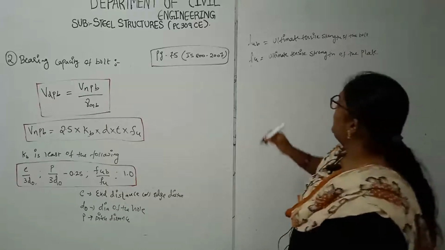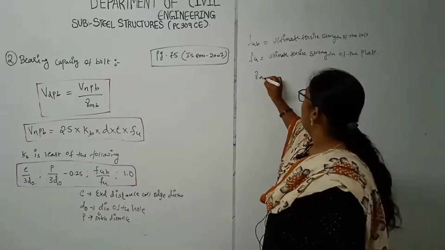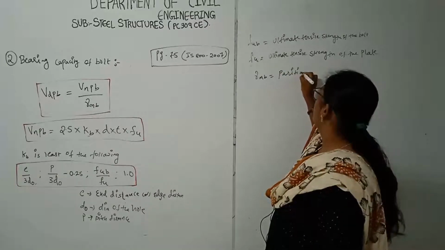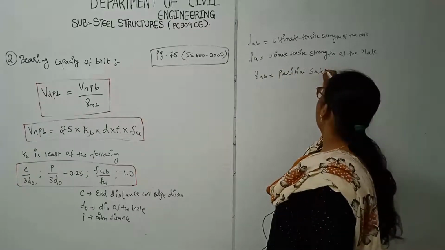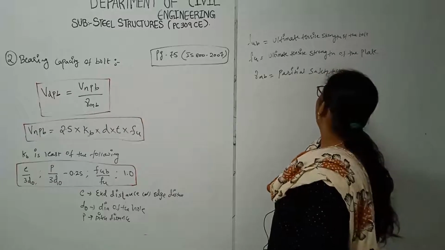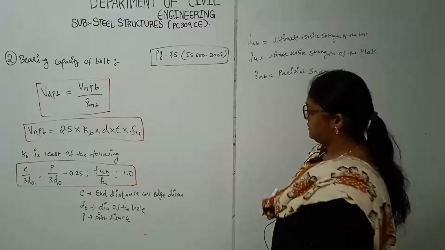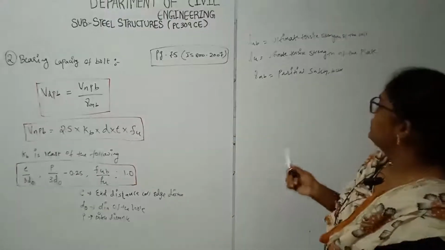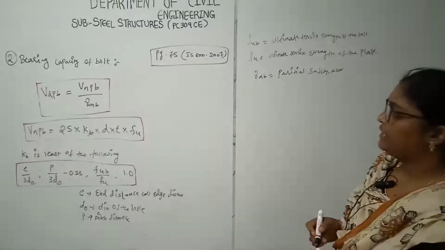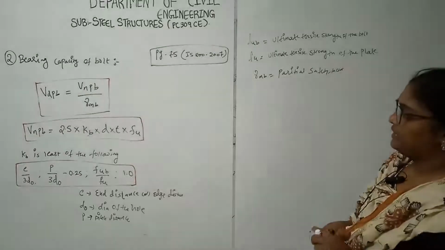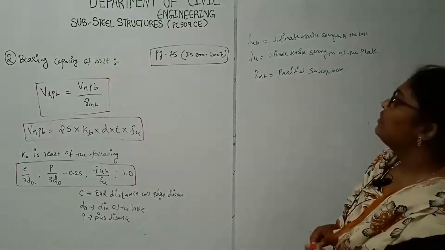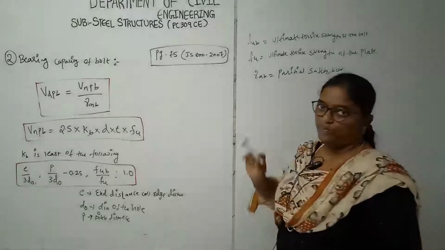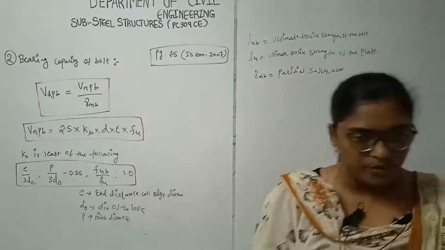So gamma_mb is the partial safety factor. So by this, whichever the lesser value we will be getting, we will be taking K_b as that value. You can find all these formulas on page number 75 in your code book.